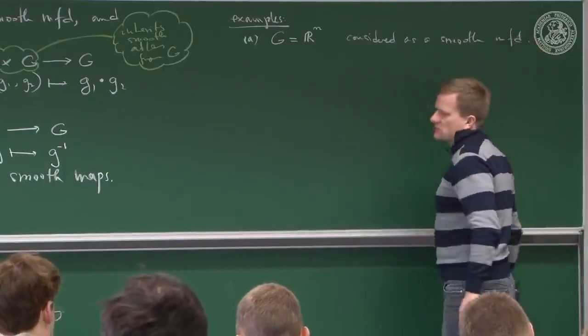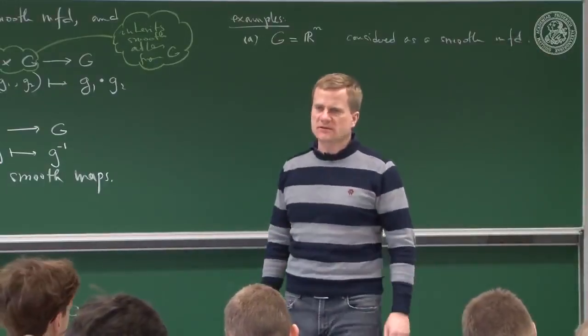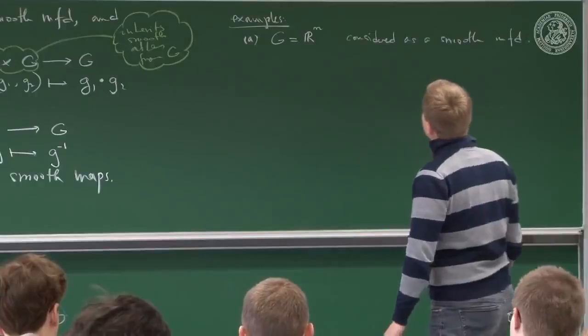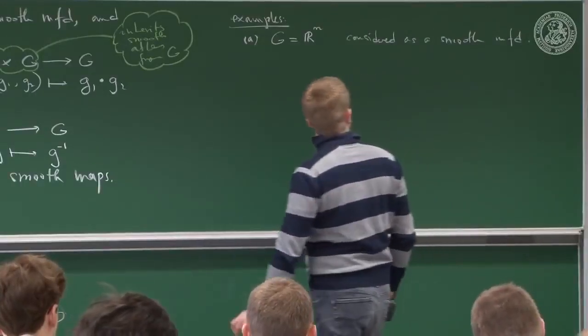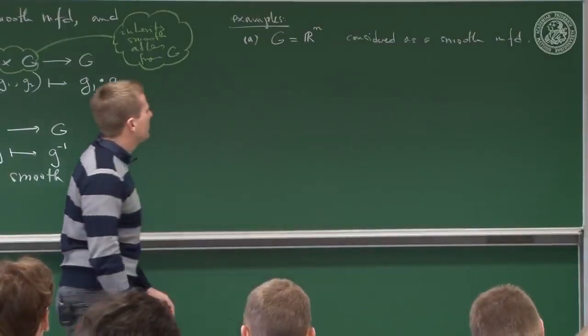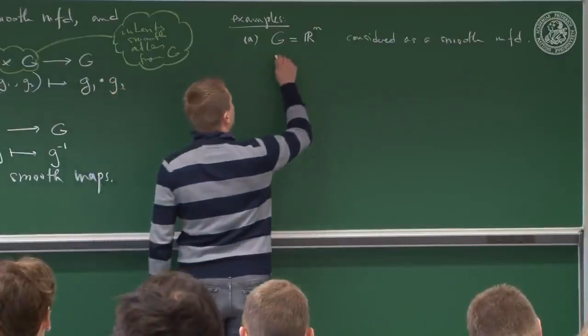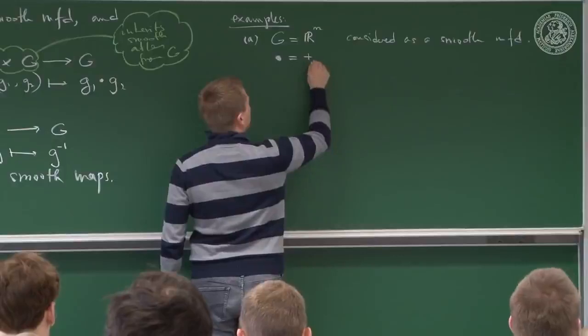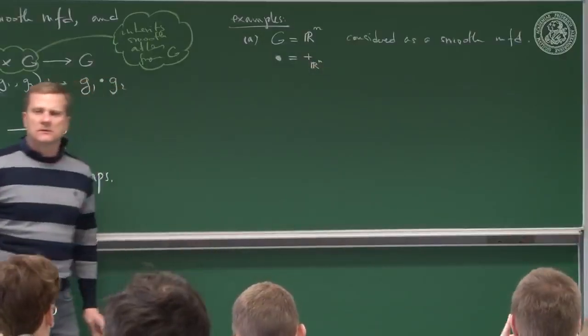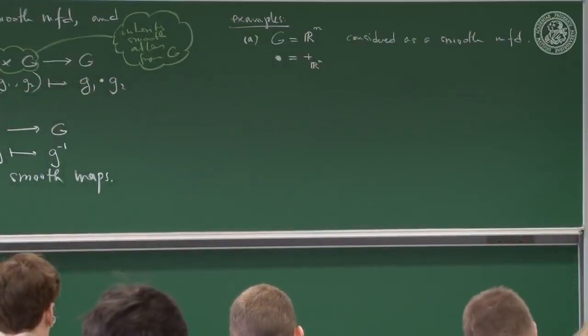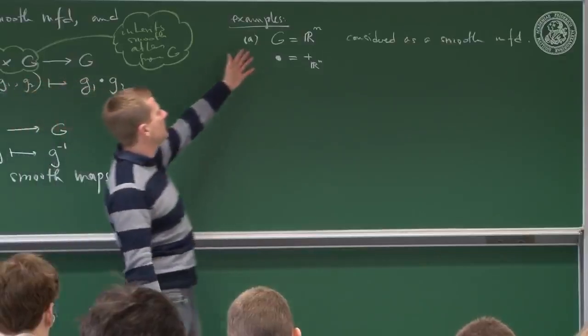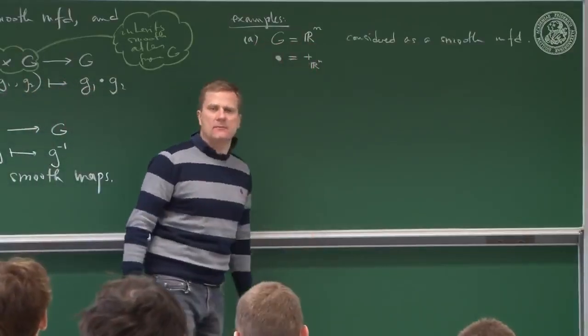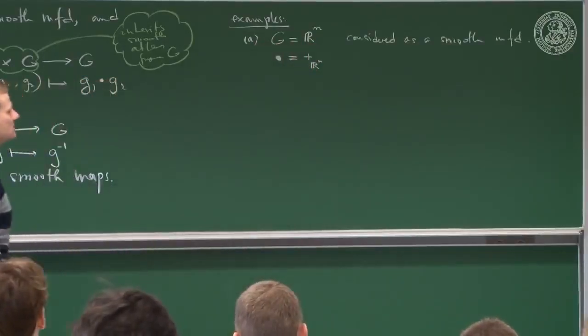And we know there is a topology understood and there's a smooth atlas understood. We suppress that in the notation. And as the blob operation, we simply take the addition on R^n. So you compose two elements in here by simply adding them component-wise.